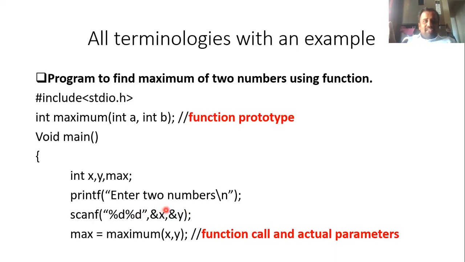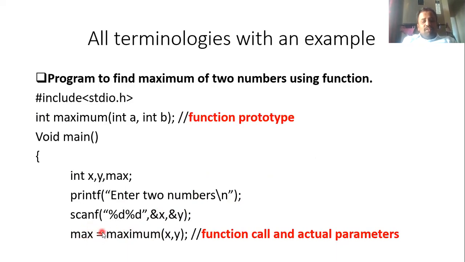So once I have the x and y values, now I need to call a function, because I need to identify the maximum of two numbers, which value is the greatest, or the bigger number. So I call the function maximum of x comma y. Because this function will return an integer value, that value should be stored somewhere. So that's why I'm using max.